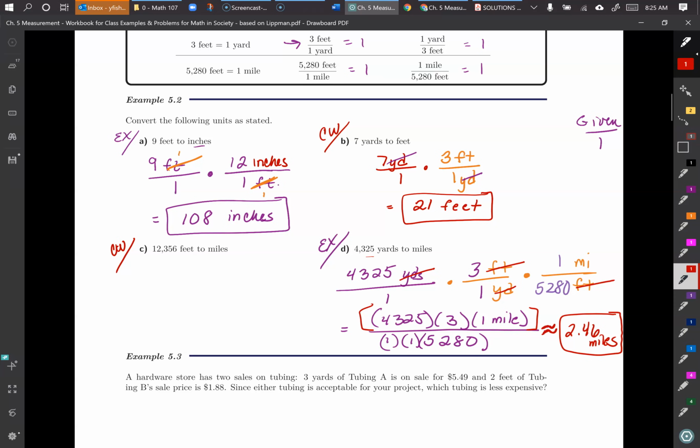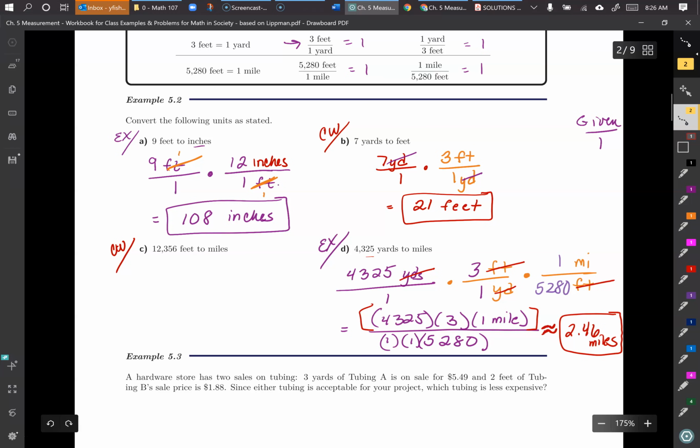So a couple of other things to think about would be, what are you given? Where are you trying to go? And then set up your start and your end. And can I get there directly, or do I have to have something else in the middle? You also want to think, am I going from a smaller unit to a bigger unit like this one?